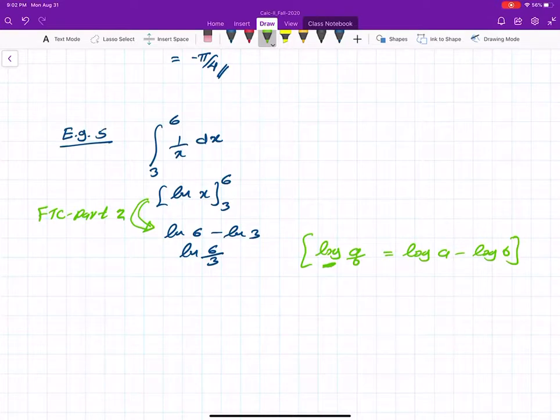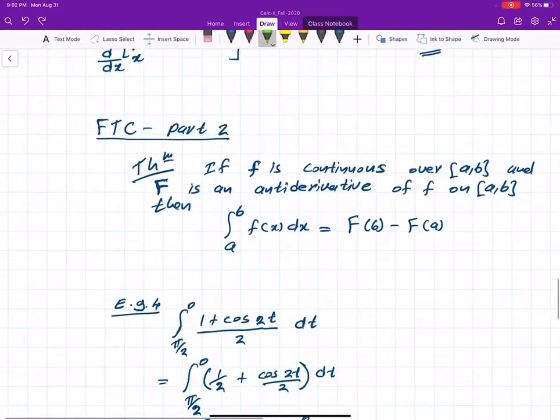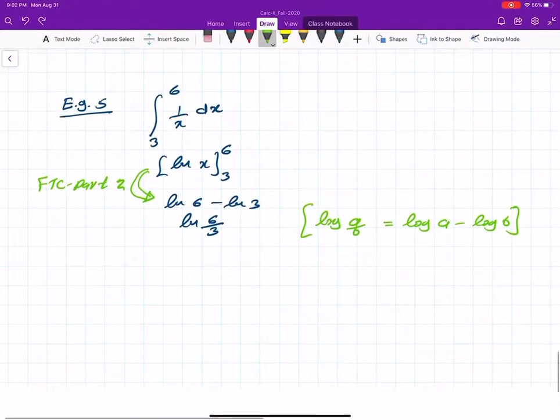What is ln? Ln is actually log to the base e. Let me write the base too. Here a over b, let me put the base as maybe k.